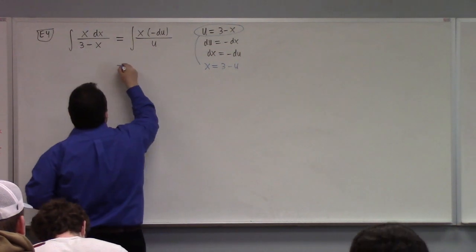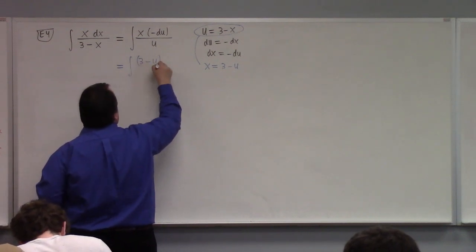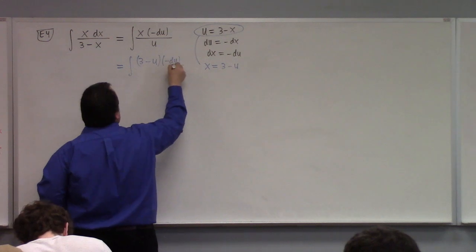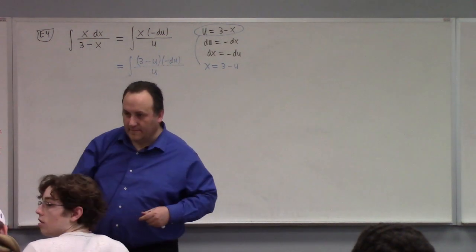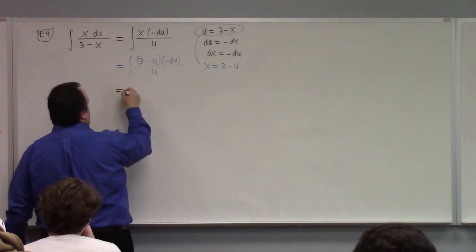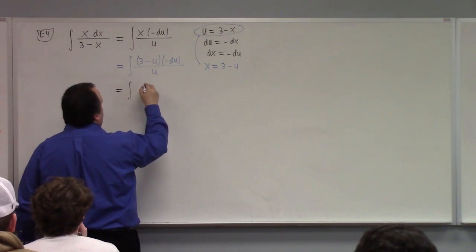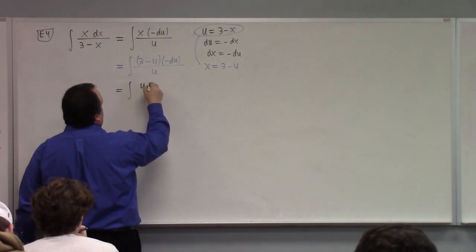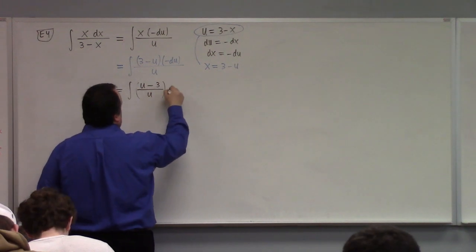So we've got the integral of 3 minus u times minus du divided by u, which is also known as the integral of u minus 3 divided by u du.